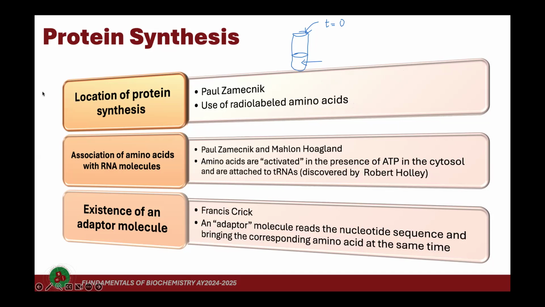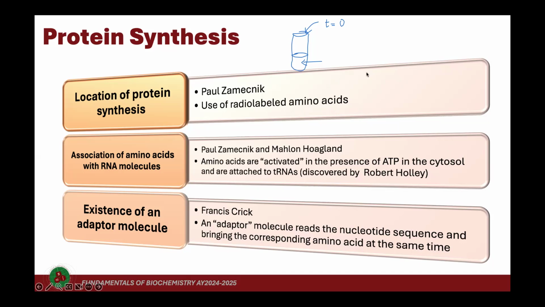He did fractional centrifugation, and he discovered that these radio-labeled amino acids were concentrated in the rough endoplasmic reticulum. More specifically, they are concentrated on certain spots in the rough endoplasmic reticulum. And that's when they were able to establish that protein synthesis takes place in the RER, and more specifically in the ribosomes.